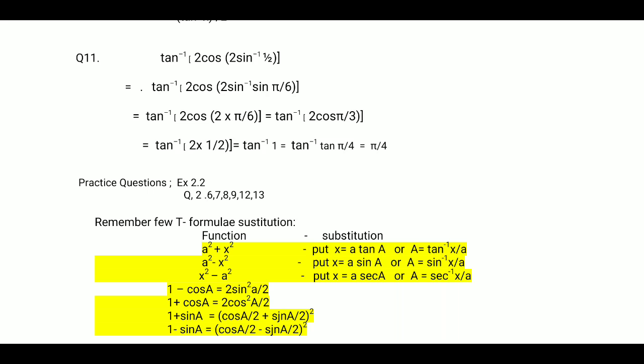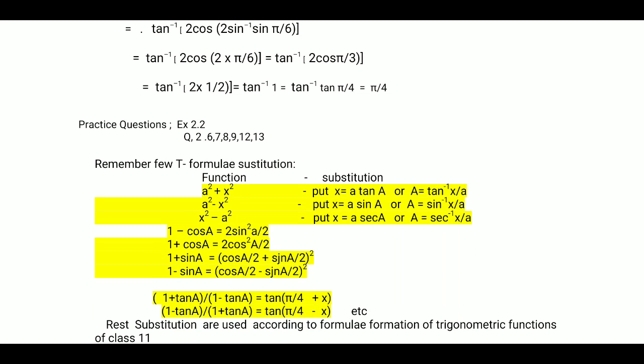Solve these. And now some trigonometric substitutions. Remember these. Suppose the function is in the form of a square plus x square. In such cases, we put x is equal to a tan theta or a is equal to tan inverse x upon a. Another type, a square minus x square is the function.